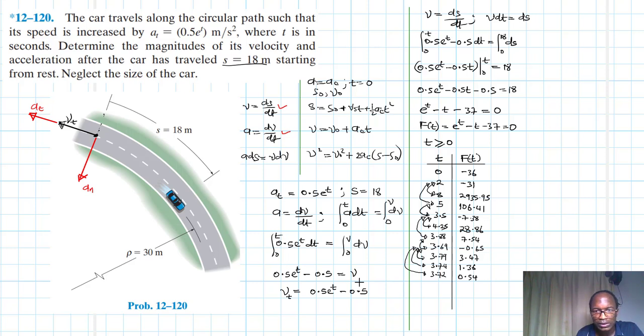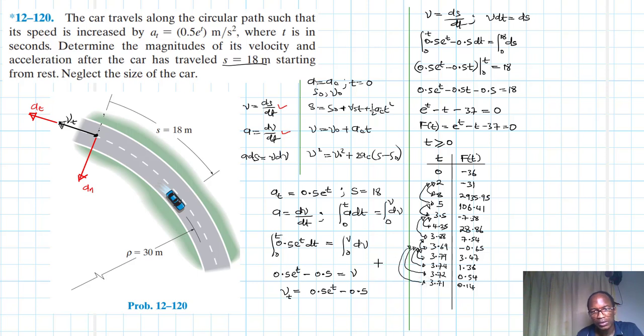3.72 plus 3.69, that's 3.71. Let's check out this one. 3.71, that's a 0.14. Okay.